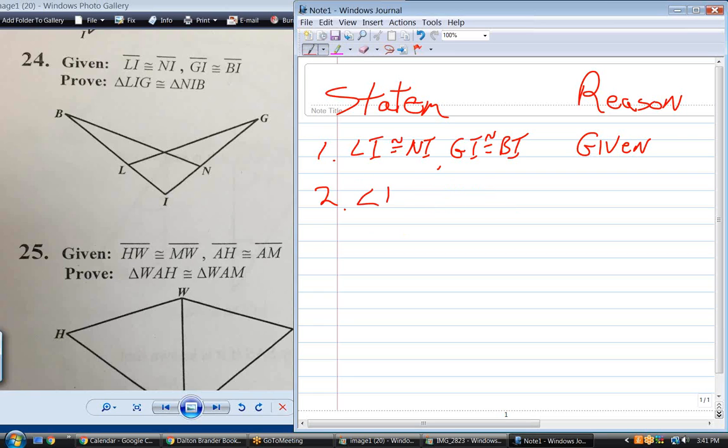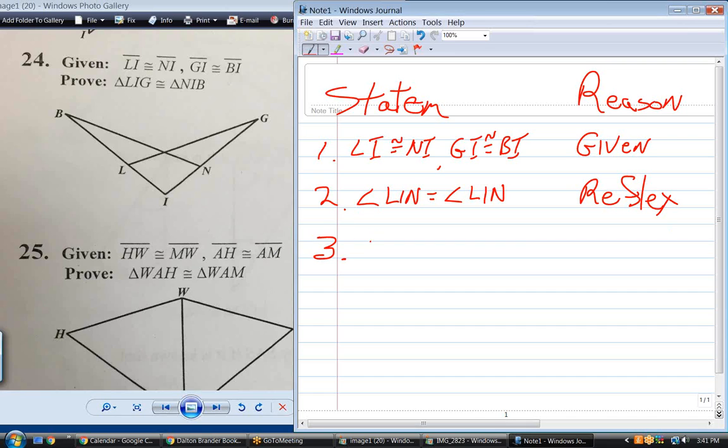Angle LIN equals angle LIN. Oh, it's reflexive. Reflexive property. Now, whether they absolutely have to have that in there or not, I'm not sure. But in a two-column proof, I would say yes. You probably do have to put that in.